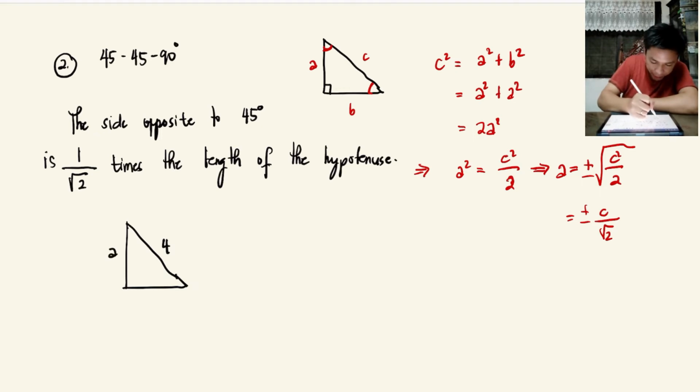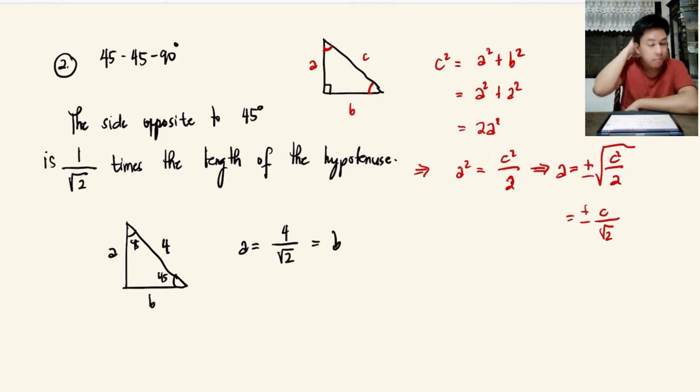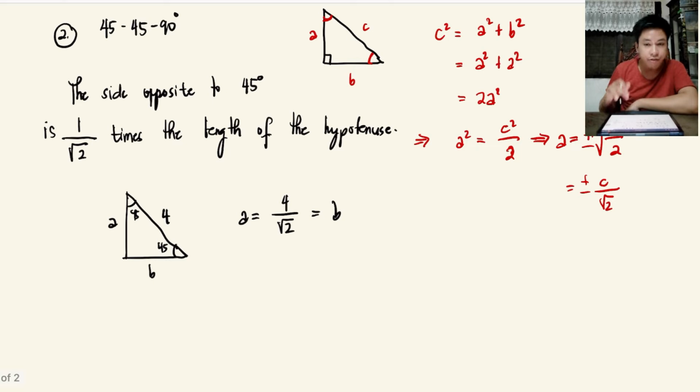If you're looking for the legs, this is 45 here and this is 45 here, so your A is actually 4 over square root of 2. Same with your B, because A and B are equal. To double check that this is really true, we can use the Pythagorean theorem.